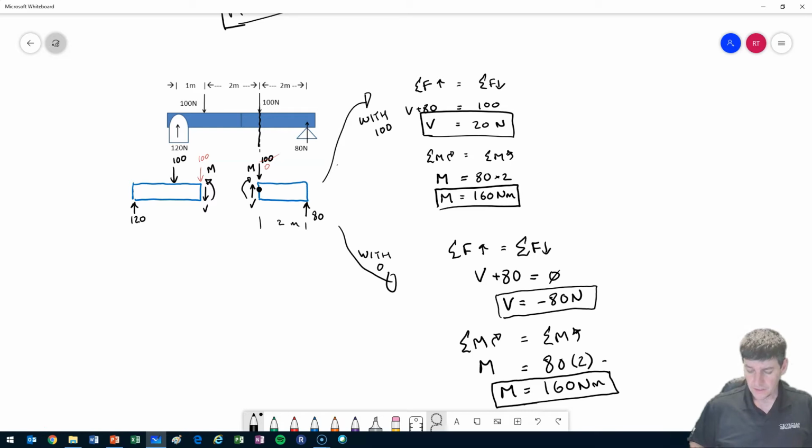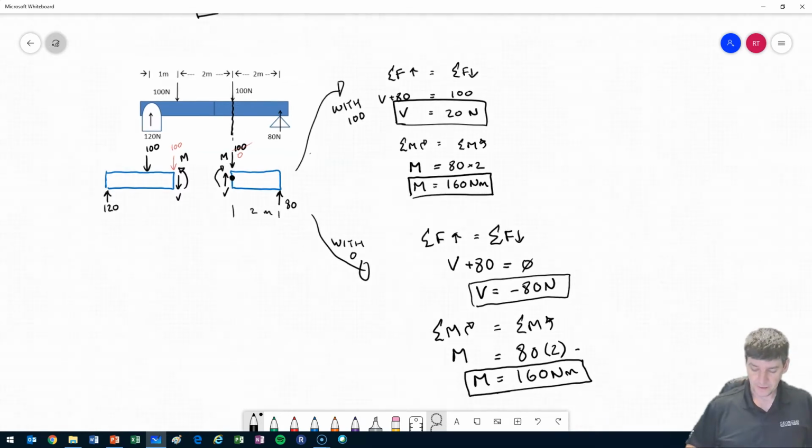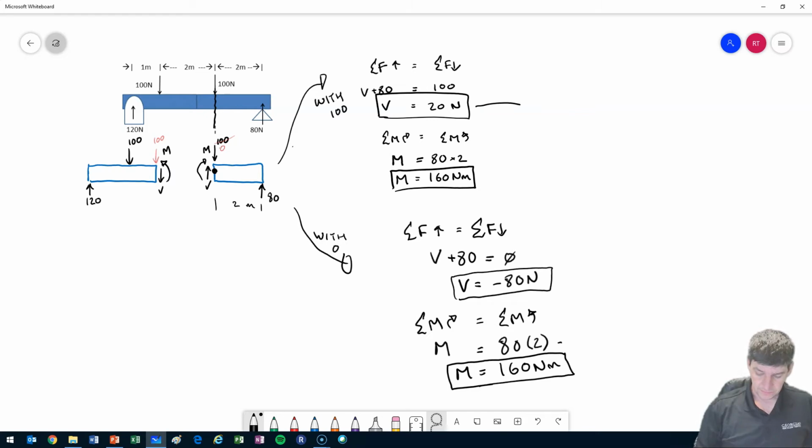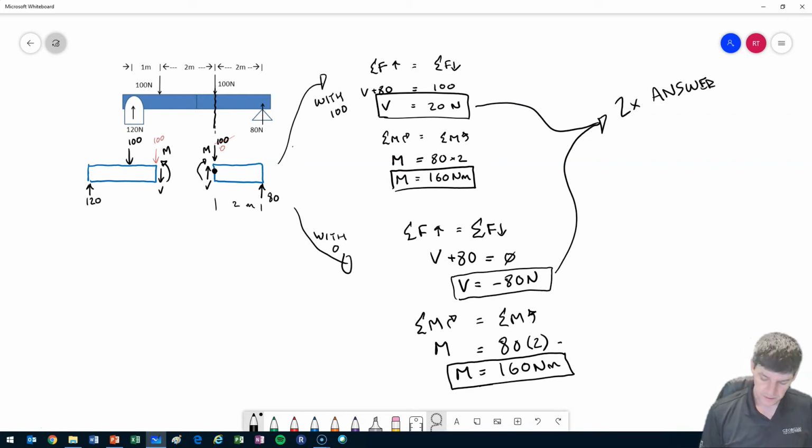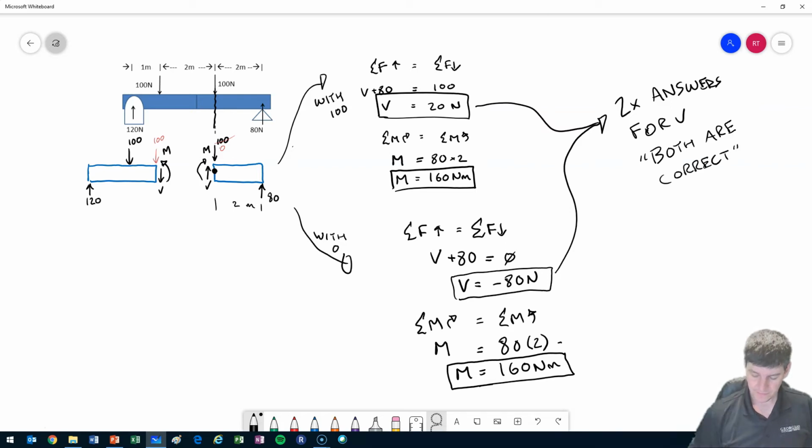Okay. So we can see a couple things right here. First of all, there are two answers for V. And this is a little strange, but both are correct. Depending on which side of that force we're sitting on, we would see that much V. We're in a transition zone, so that point load is changing my V fairly drastically.